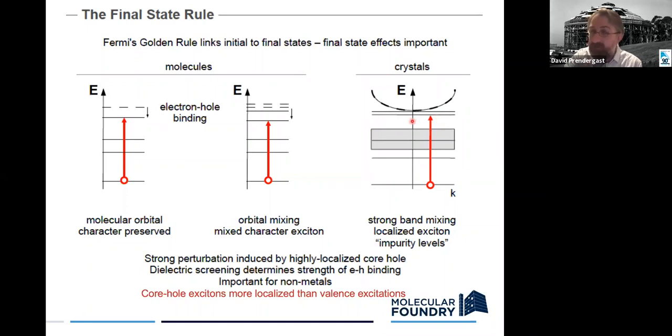And so that really begins to look like this defect picture that we're used to from semiconductor physics, where an atomic defect inside a semiconductor lattice can introduce mid-gap states, as they're called, or color centers, or some kinds of defect in the electronic structure. And so X-ray excitations do that as well. And just keep in mind that core hole excitons, given that the origin, the core orbital that defines the hole, is much more localized, then the exciton itself is much more localized than the corresponding valence excitation might be.